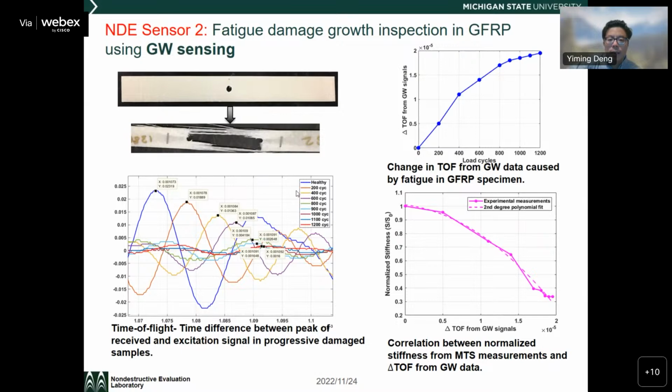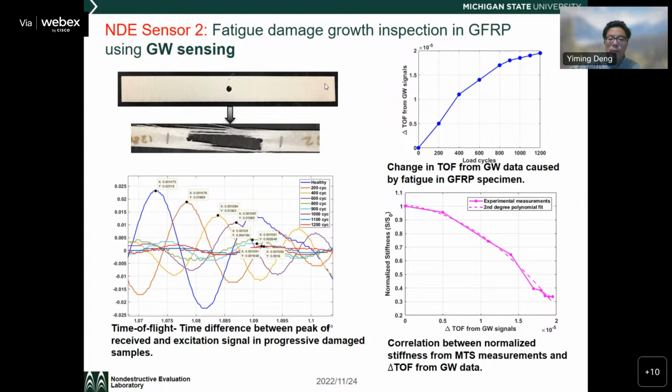Okay, under the same fatigue loading, you can have the PZT transducers attached, or now using this reusable sensor skin, to monitor that in real time.